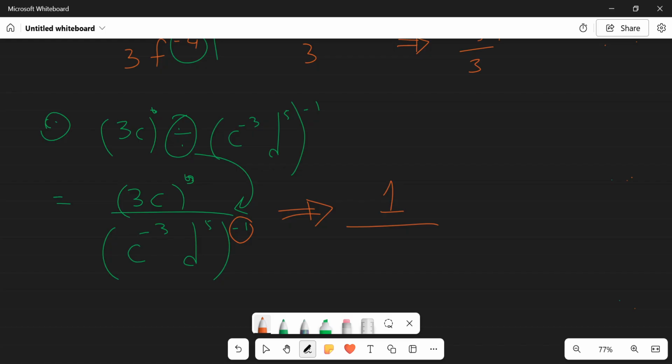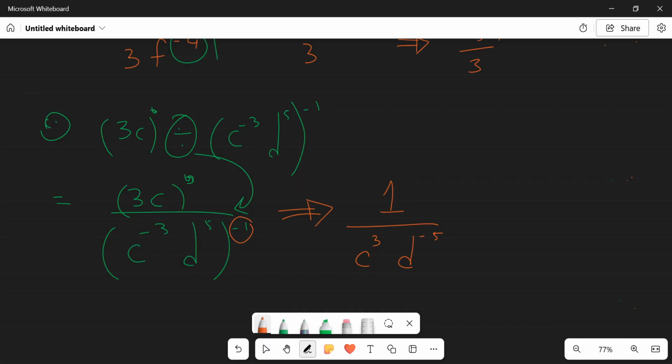So c minus 3, when we multiply, gives you c to the power positive 3. And the d, when we multiply 5 with minus 1, gives you negative 5. Right, student?